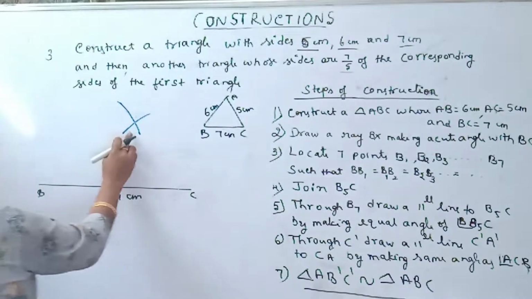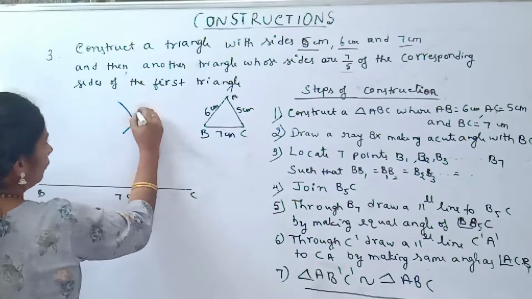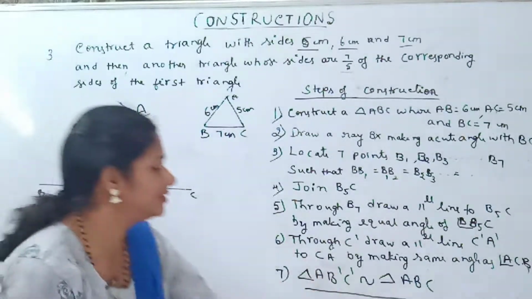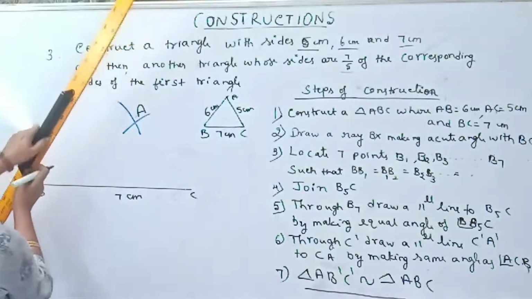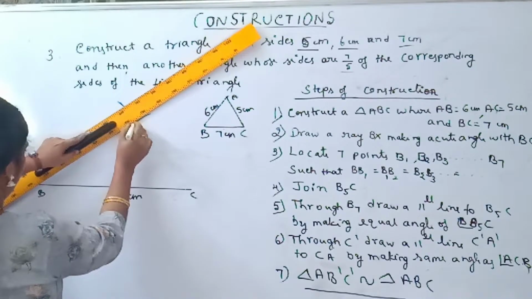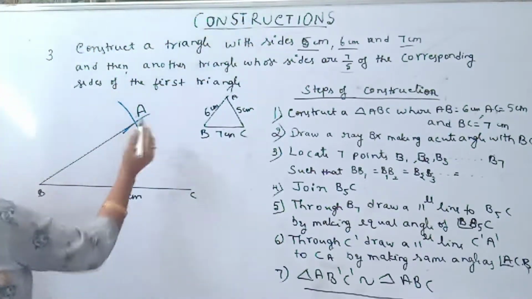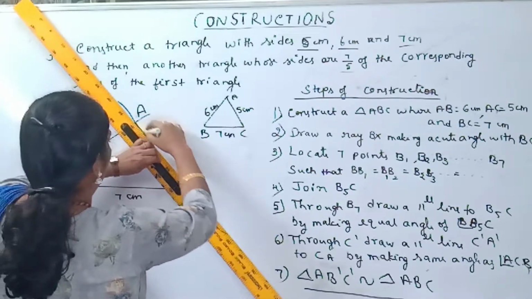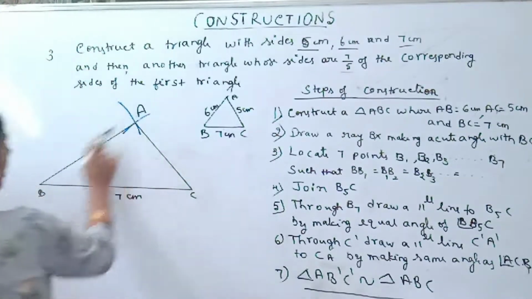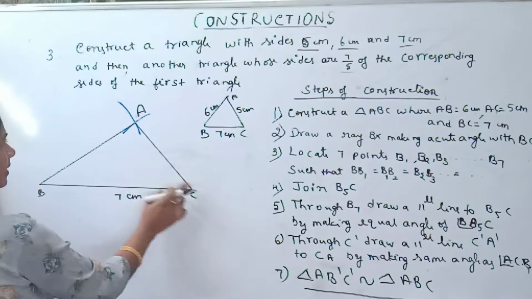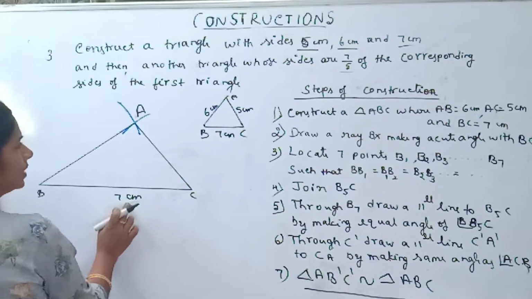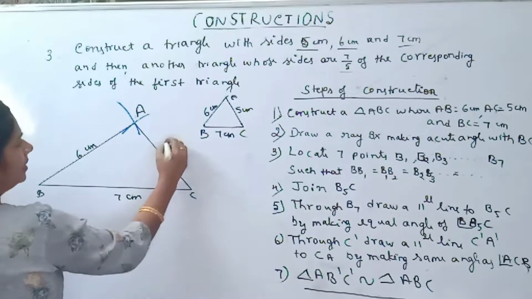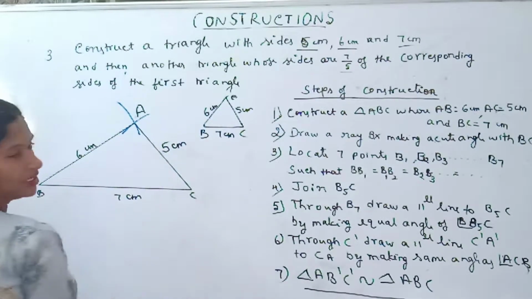Now where the two arcs meet, you are finding one point and you name that point as A. Next step, join A, B and join AC. Now ABC is the required triangle of side BC equal to 7 cm, AB equal to 6 cm and AC equal to 5 cm.